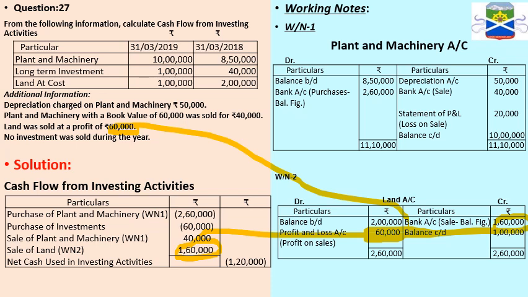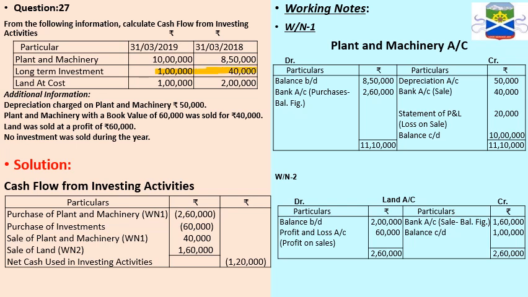Now next part is we have purchase of investment 60,000. So investment is not sold, so if you check it, there is a difference figure. 1 lakh is closing figure and opening figure is 40,000. So 60,000 obviously you purchased, that's why the value increased from 40,000 to 1 lakh.